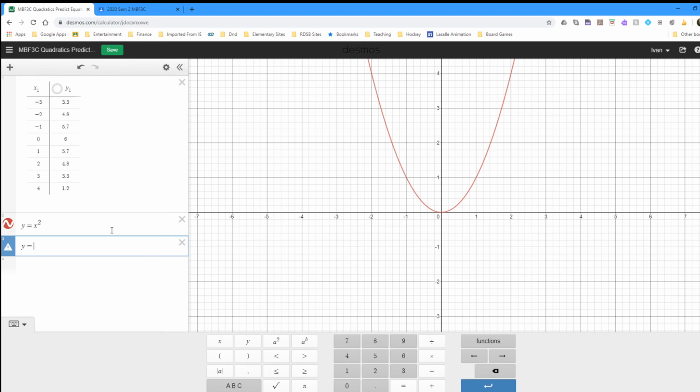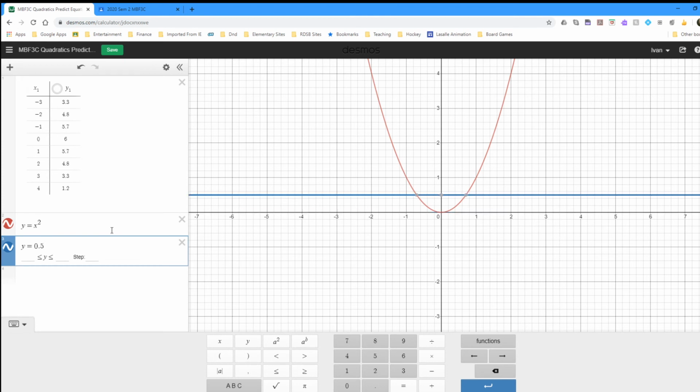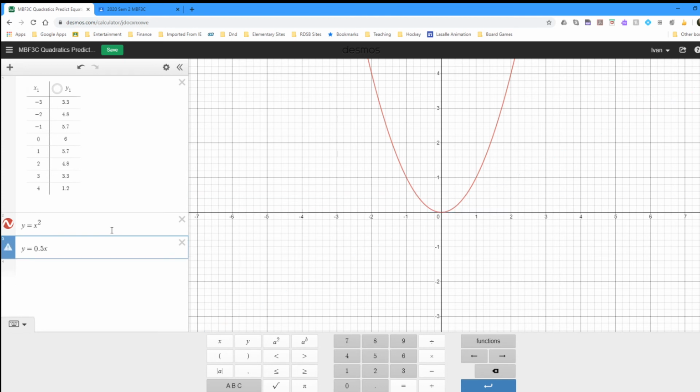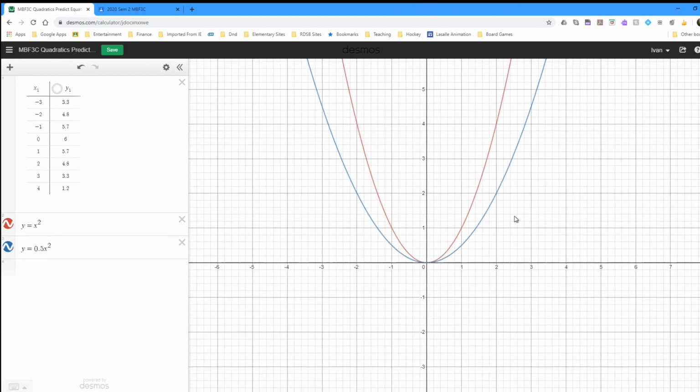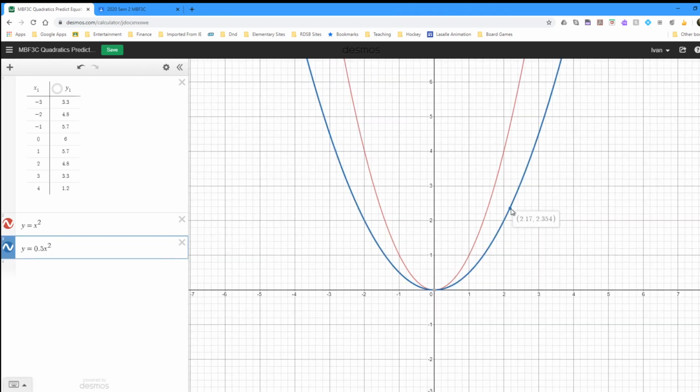So what happens if I do 0.5 times x squared? Look at my blue parabola compared to the red parabola.